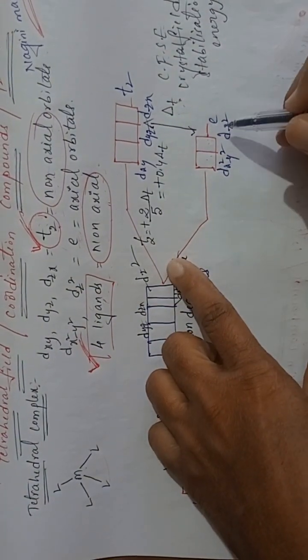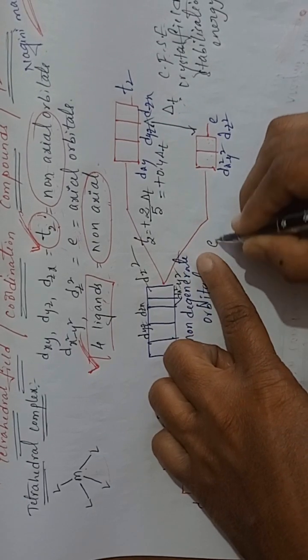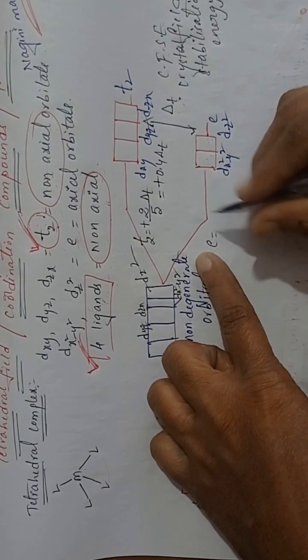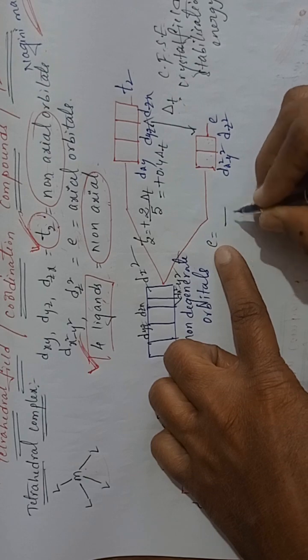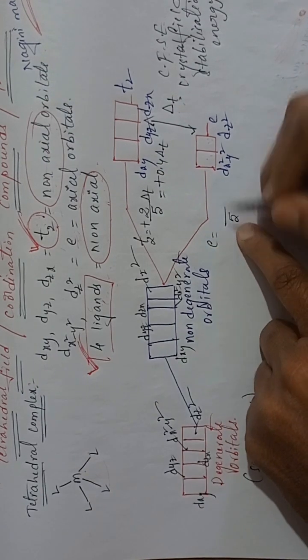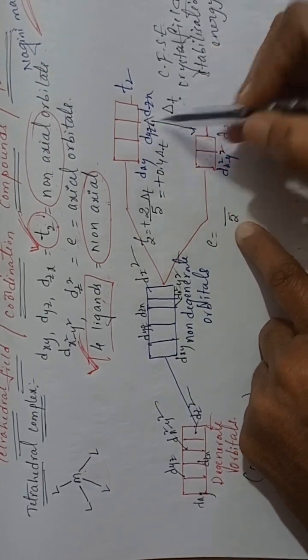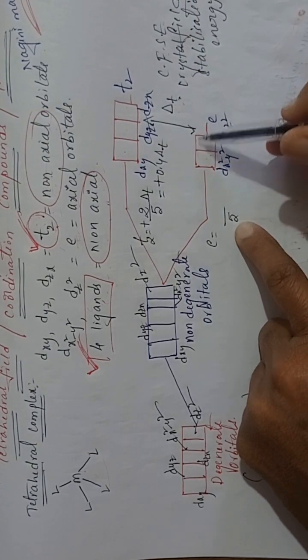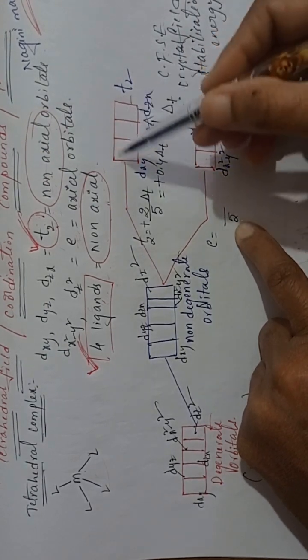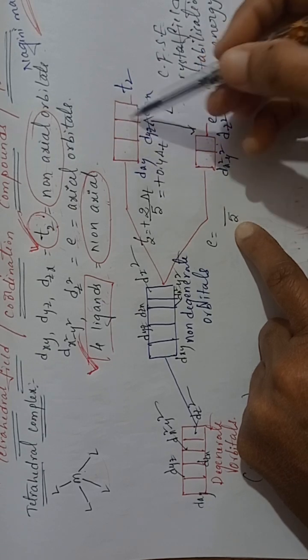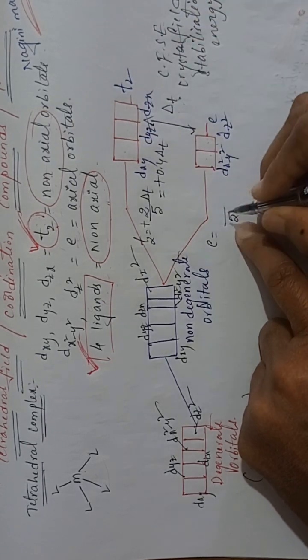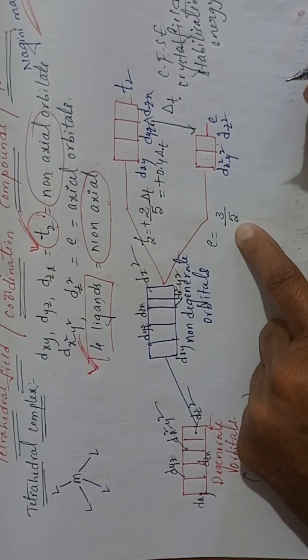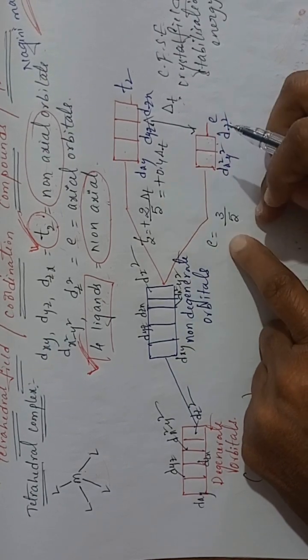Now coming to the E orbitals' energy. Out of total how many orbitals? 5. Out of 5, how many orbitals' energy is increased? 1, 2, 3. When we are calculating this energy, you have to take these orbitals. How many orbitals' energy is increased? That number you have to take in the numerator. Denominator is the same, 5.